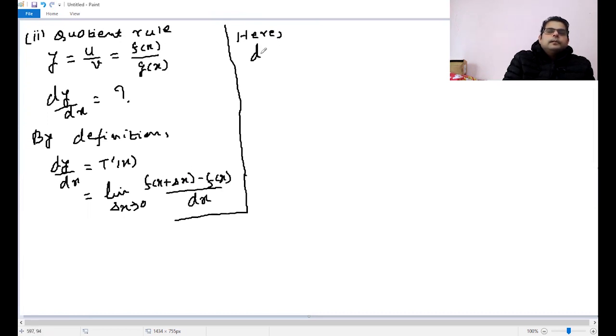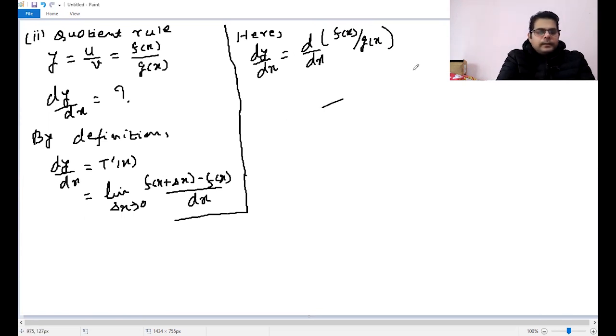So here we have dy by dx equals to d by dx of, we are going to find the derivative of f(x) by g(x) in fact. Okay, so if you use this definition, then you can have it like this.